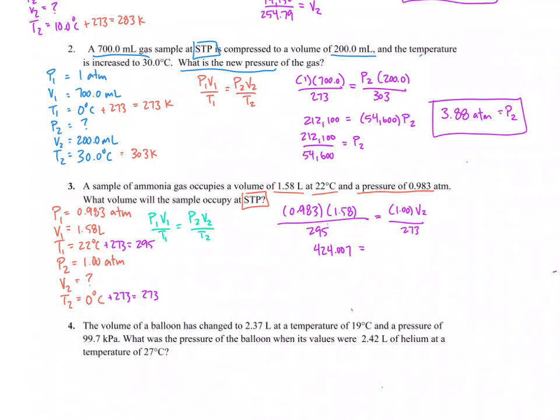I don't know the value of V2, but I do know what 295 times 1 is. So 295, and then still multiplied by V2. The last step, move 295 to the other side by dividing. So your value for V2 becomes 1.44 liters.